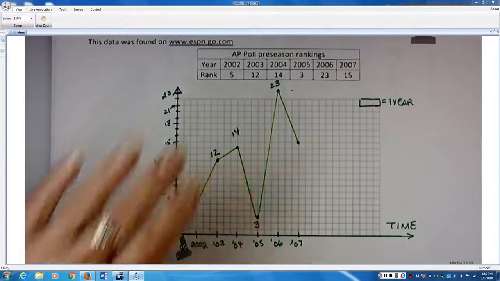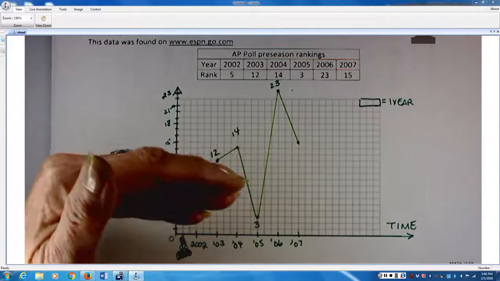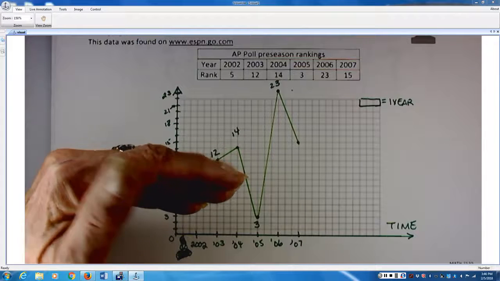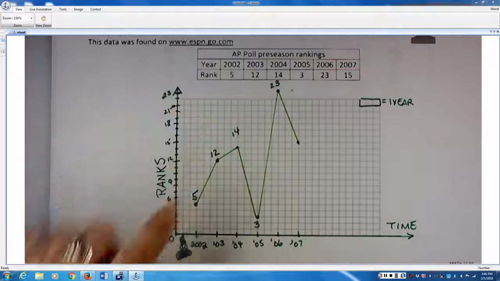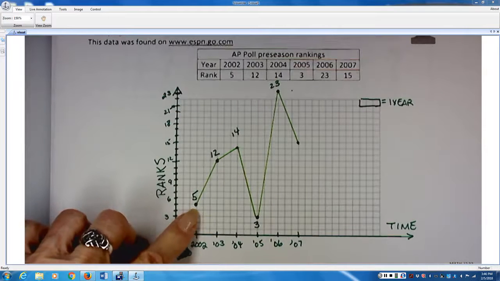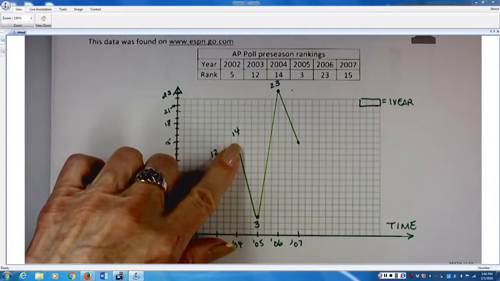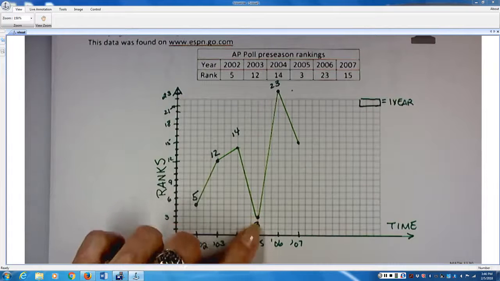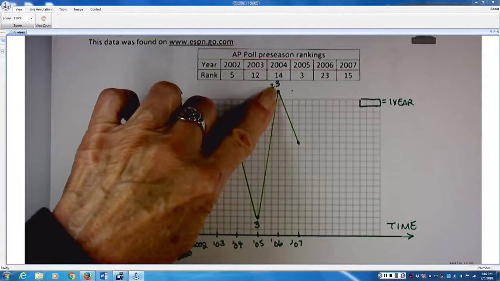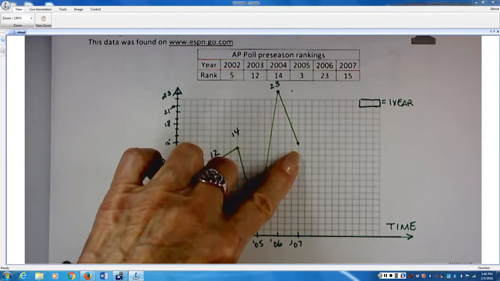So although it's counterintuitive to somebody that knows football, as long as you know how football works, you know that this is, okay, they had a decent season, but they didn't do so well for the next 2 years. Then they ranked 3rd before they jumped off the cliff. But they did start coming back.